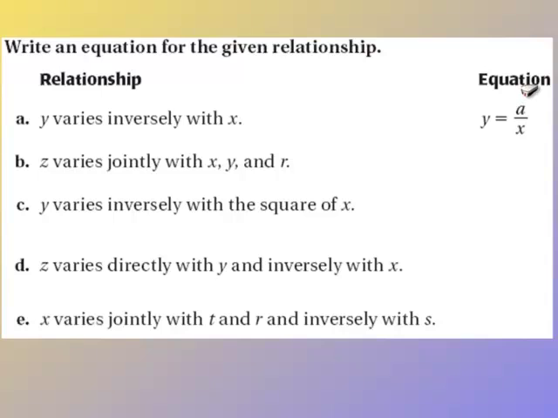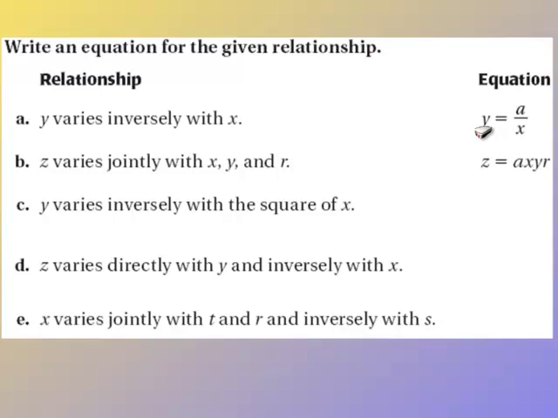I could say X varies inversely with Y, and then we would switch the X and Y. So the wording, you just kind of learn what the wording means here. Here, Z varies jointly with X, Y, and R. So 3 variables that Z varies directly with, so it would look like this. Z is equal to A times X, Y, and R.